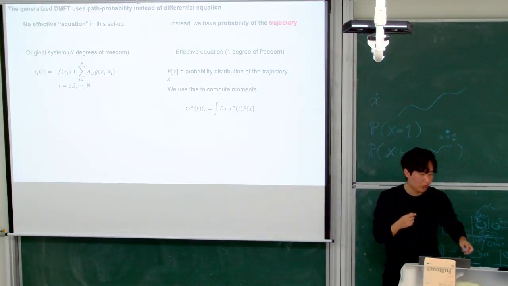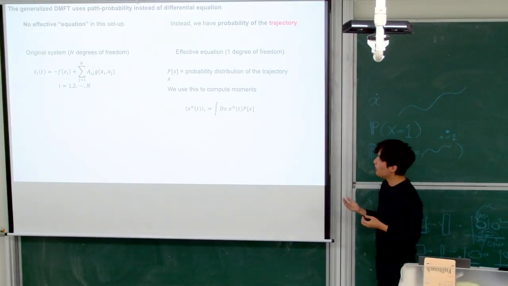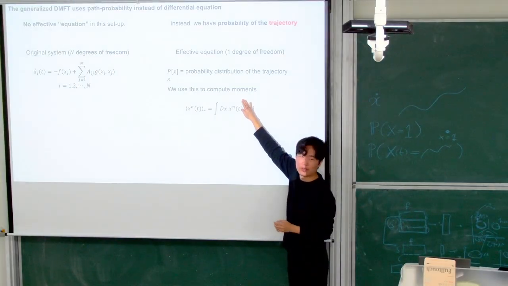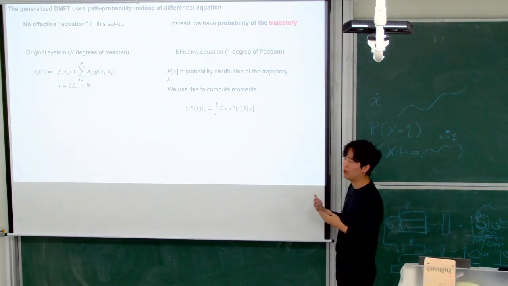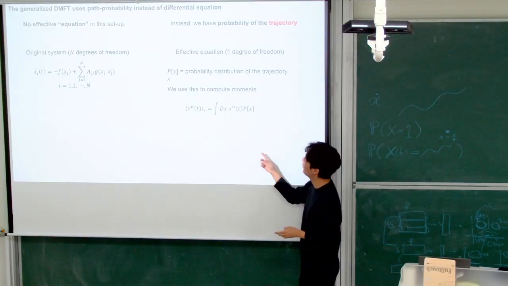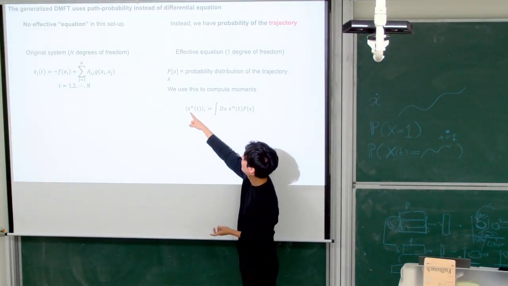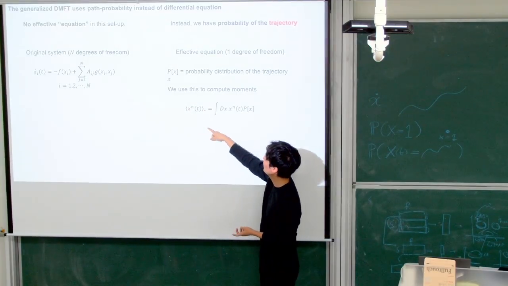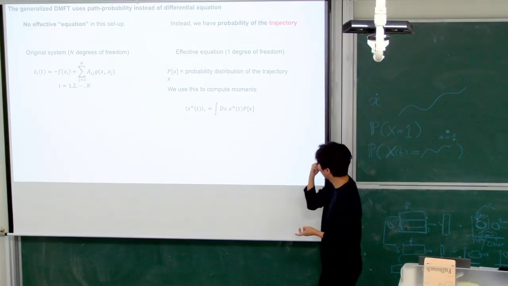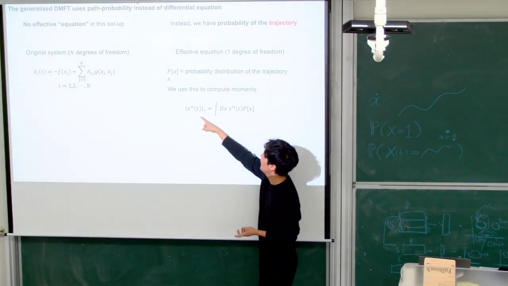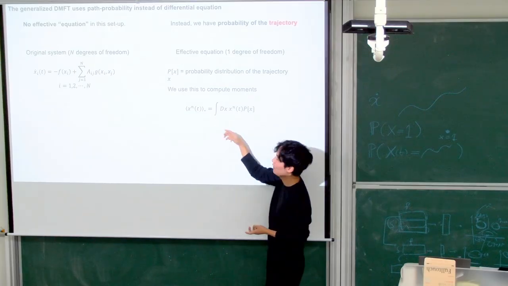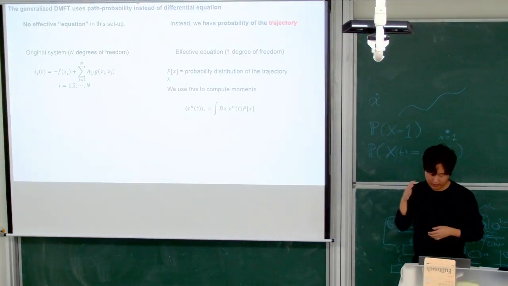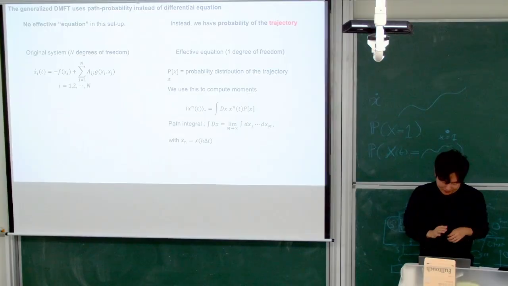If you have a probability, then you can compute the moment or some average of a quantity that you are interested in. For instance, you can compute the moment of x, x to the n. If you set n equal to 1, you have the mean trajectory, the average trajectory.